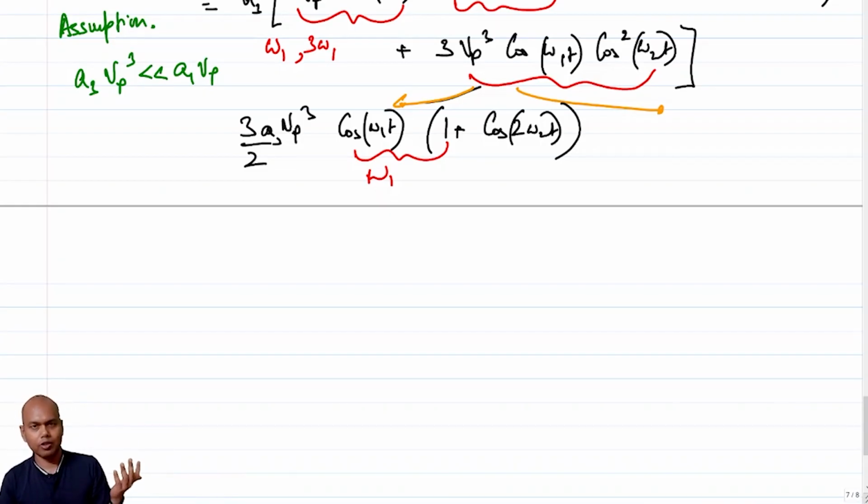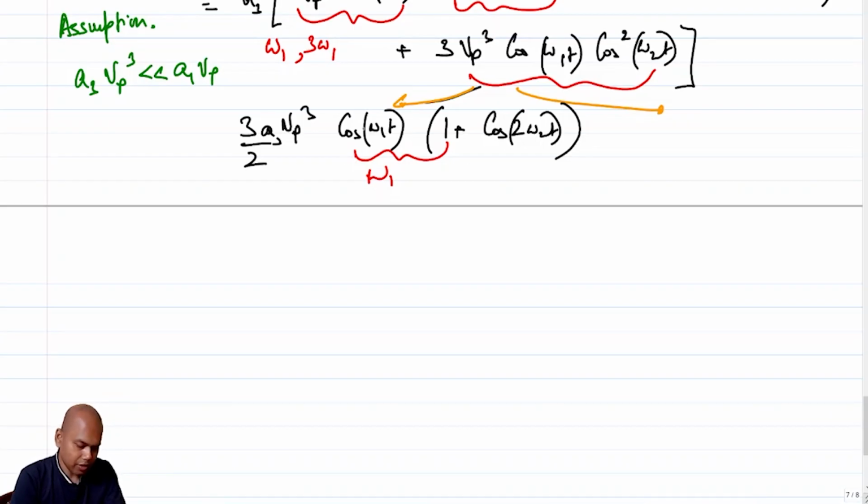I mean, nothing is going to work. You at least want the upfront element to be linear, right? So the basic assumption is that it's weakly nonlinear, which means that all the higher order terms are smaller than the fundamental. Whatever I am getting on top of a1 times Vp all have a3 times something squared, something Vp cube times something, which means by default we are assuming that they are negligible. But what about the other one?